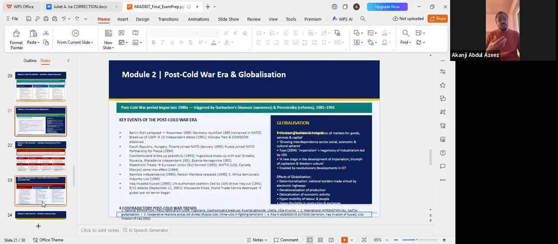The Cold War created a bipolar international system, and there was also proliferation of armed conflict, deterrence, expansion of military alliances, and politicization of development and aid. That is, countries got aid based on alliance with powerful nations.